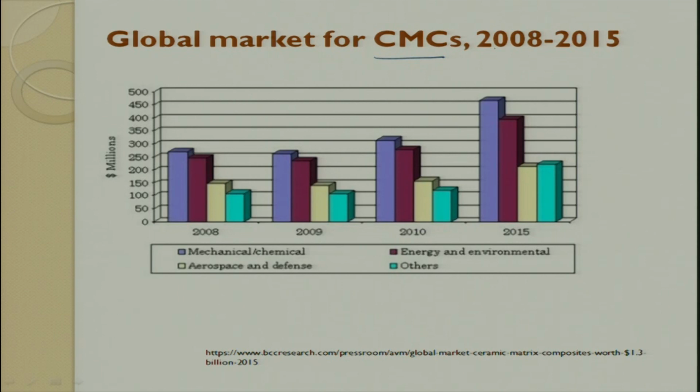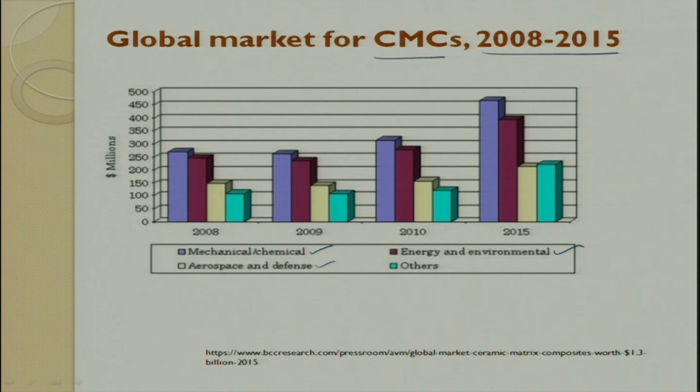Globally, ceramic matrix composite, in the last couple of years, slowly has started increasing in different areas with mechanical and chemical applications. For example, it is used in heat exchangers, extraction units, oil refineries. Now, when they are looking at chemical, aerospace and defense, if they want to make lightweight material, they are looking for energy and environment, they are also looking for ceramic matrix composite.